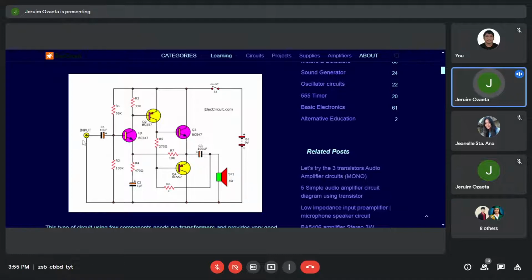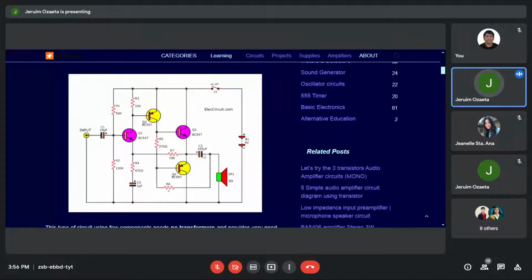So the signal here is made bigger by Q1 and it's made bigger further by Q2 so that it will be fed into Q3 and Q4 at the same time through R5 in order to produce finally the signal at the speaker. Take note that the signal at the speaker is actually being determined by the state of conduction of Q3 and Q4.